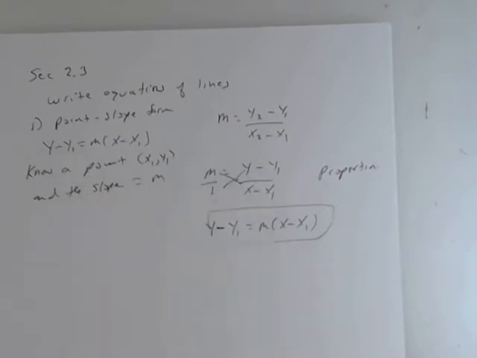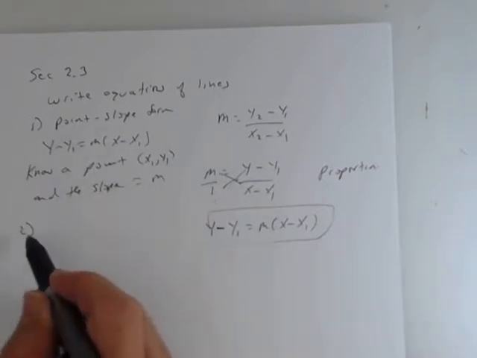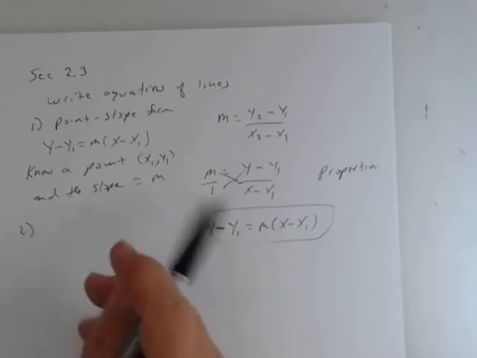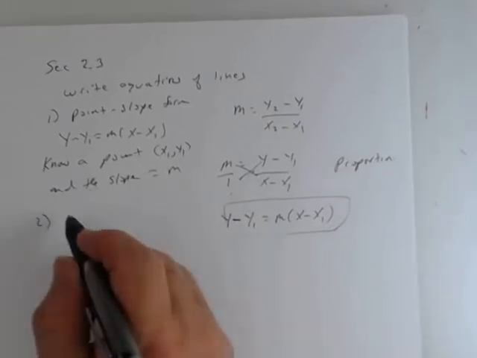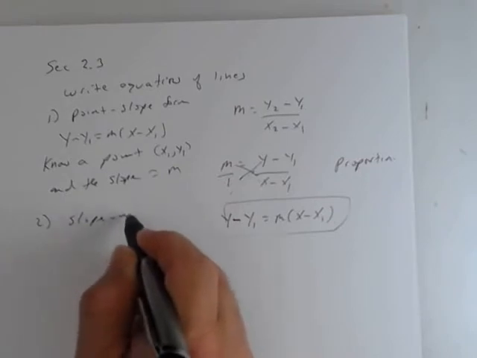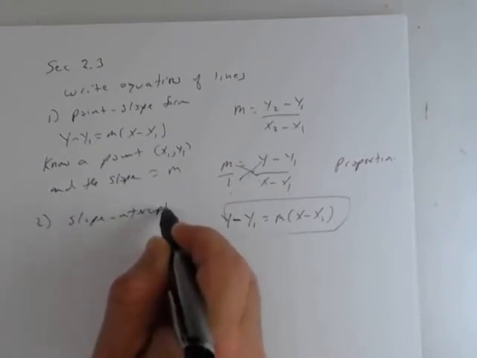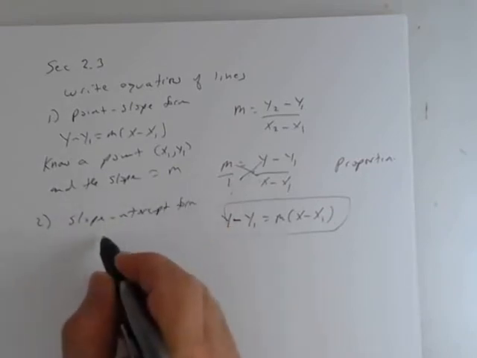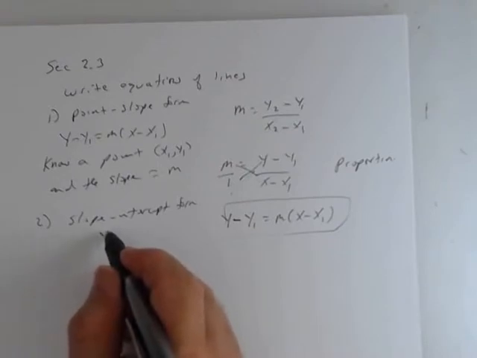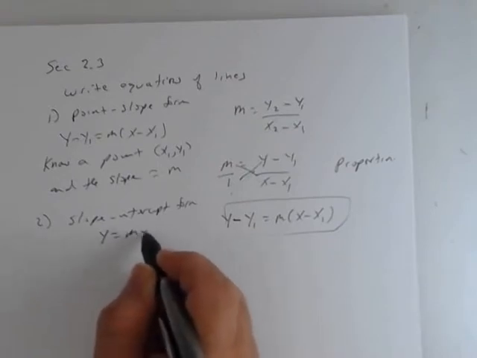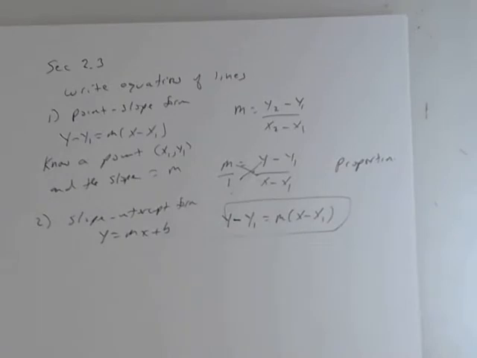Okay? And then the other form that you're going to use quite often is slope-intercept form. And what's slope-intercept form? Mx plus b. Okay?